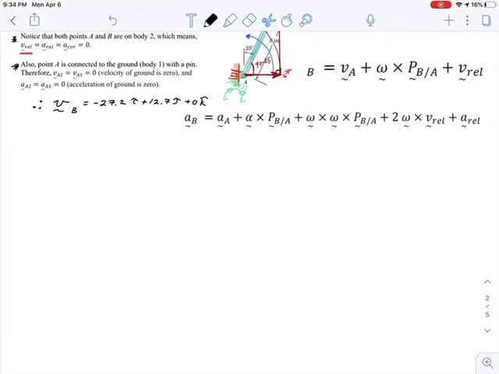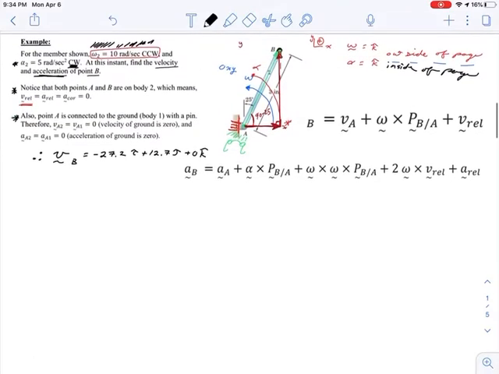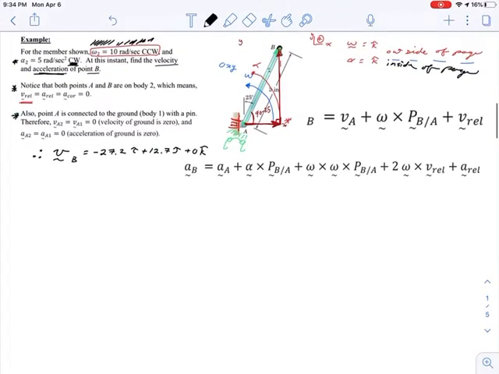Okay, in the last video we found the velocity of point B, and in this video we are going to be doing the acceleration. We're going to finish this question up, and since the formula is already positioned right here, it makes no sense to rewrite it, so let's note a few things.